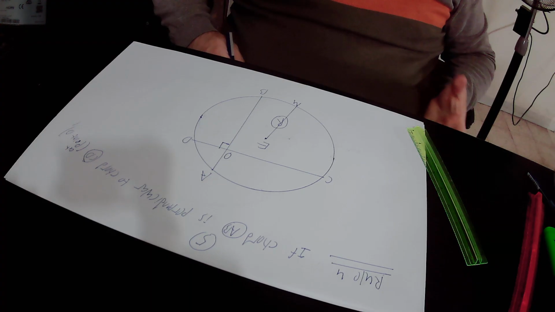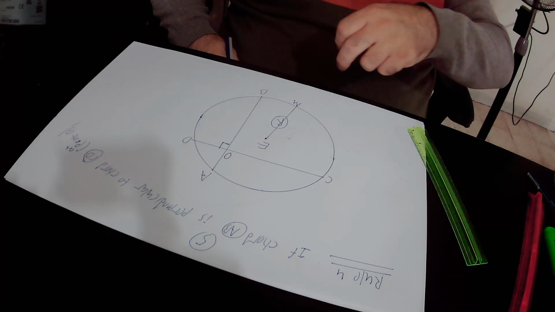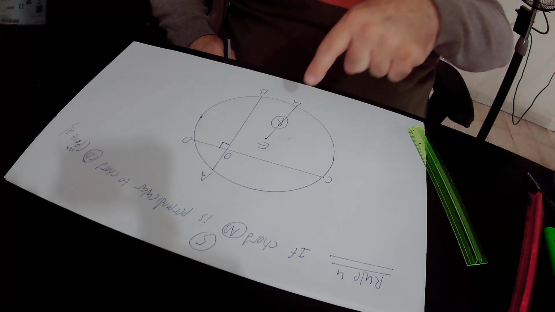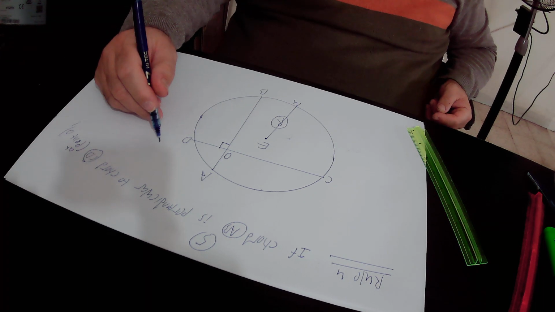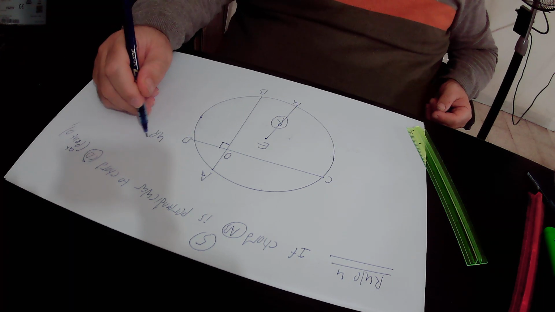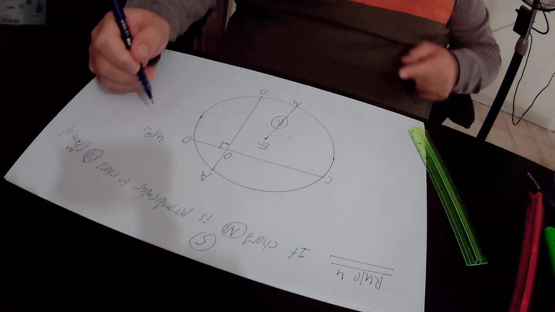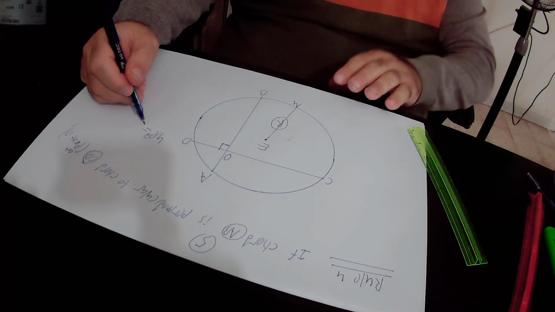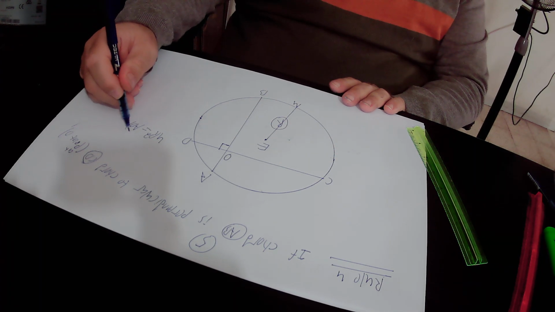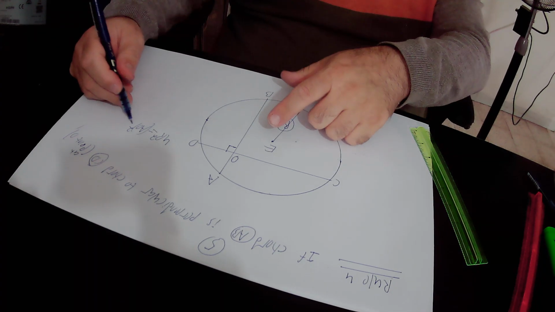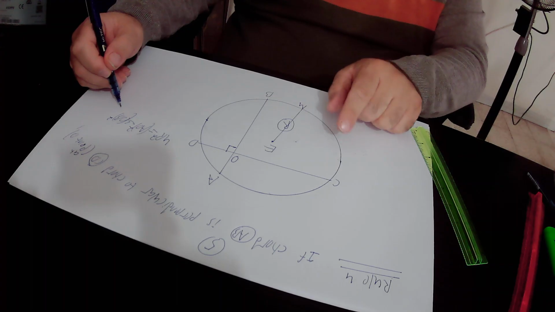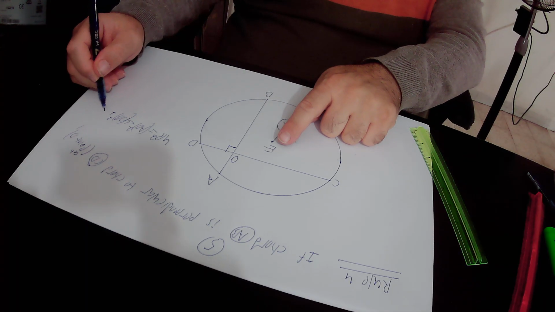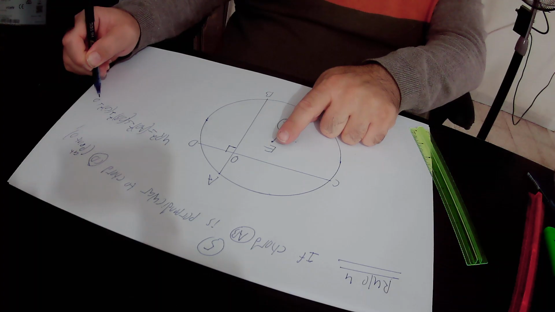So if we have two chords that are perpendicular to each other, then for the radius of the circle that contains the chords, 4 times r squared will be equal to AO squared plus OB squared plus CO squared plus OD squared.